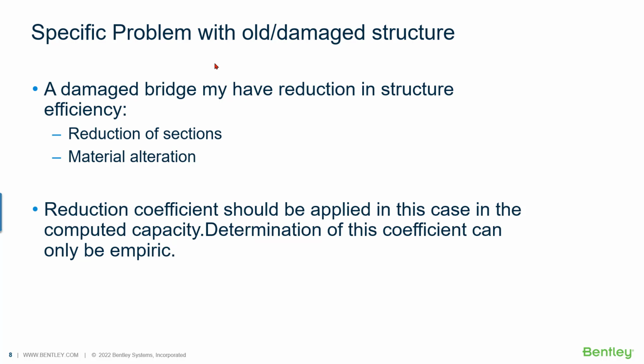There are no rules to determine this coefficient. The only thing that we can do is determine this coefficient by empiric method, so observing, relating the age of different structures with different materials with the coefficient that we should take into account.